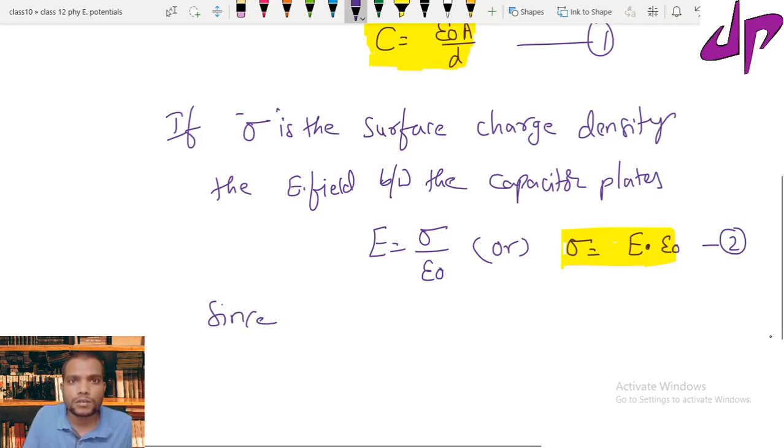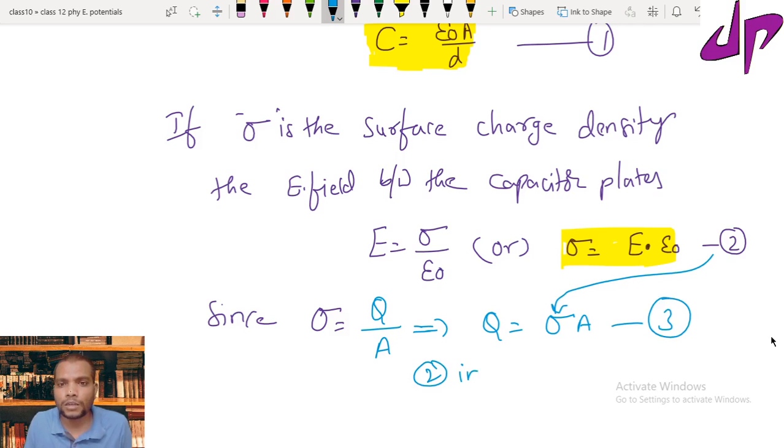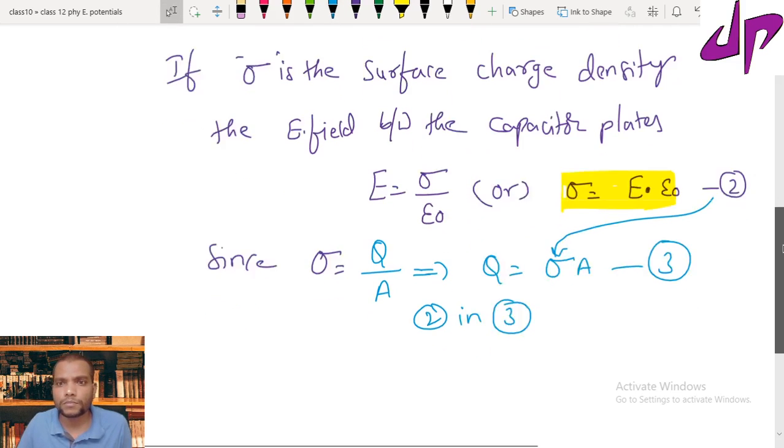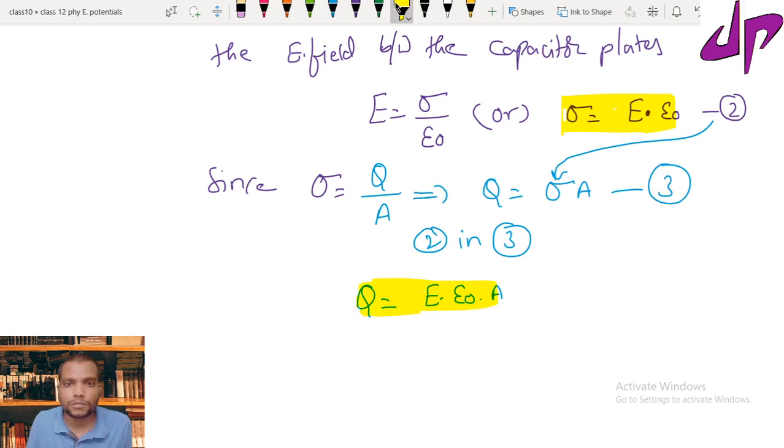Sigma equals charge per unit area, which I can also write as charge Q equal to sigma times A. Now if we substitute the second equation into this, let it be equation 3, therefore 2 in 3, the charge Q equal to E times epsilon naught times A. So this is the expression for charge. Let me take it as equation 4.